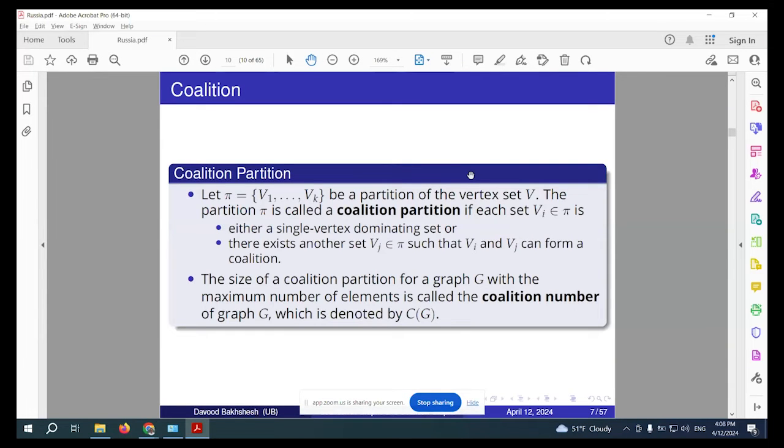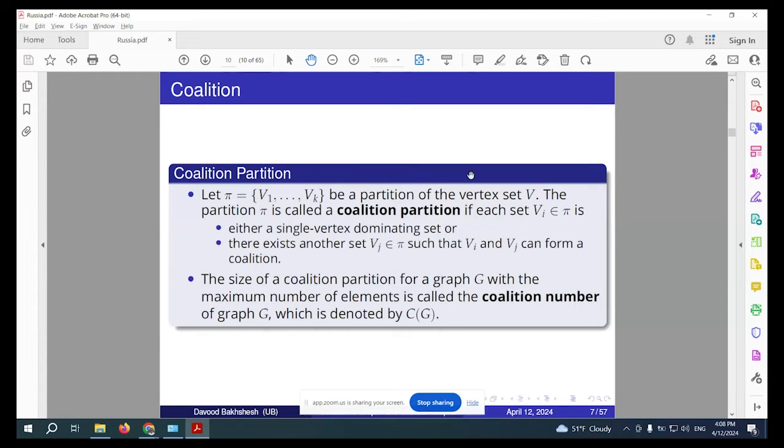Okay, what is a coalition partition? Let P be a partition on the vertex set V of graph G. The partition P is called a coalition partition if each set Vi in P is either a single vertex dominating set, or there exists another set Vj such that Vi and Vj can form a coalition.